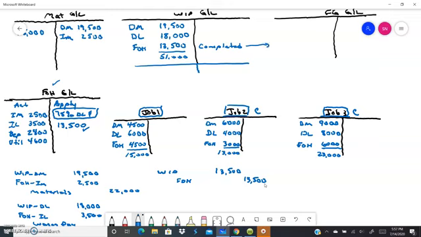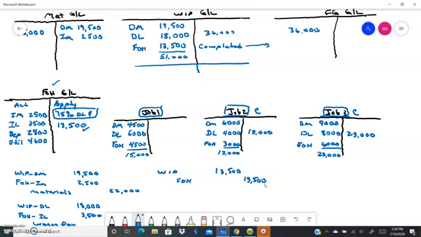So basically job 2, the 13,000, would be transferred out, and job 3, the 23,000, would be transferred out. So a total of 36,000 would be transferred to finished goods.